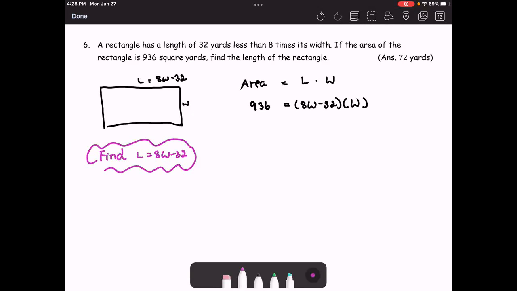By using these conditions, we obtain the equation from the area: 936. Simplify the right-hand side product to get 936 equals 8 W squared minus 32 W, which is a quadratic equation.